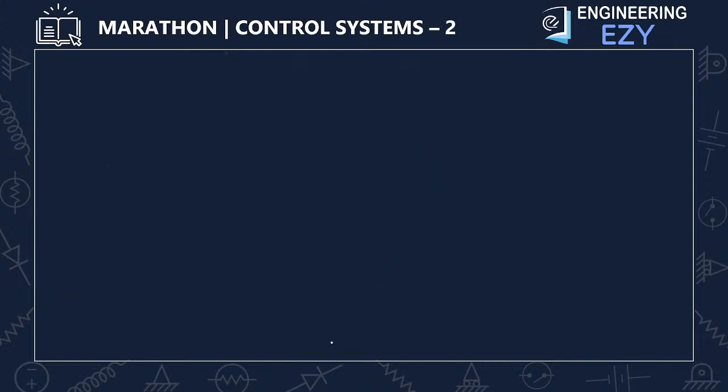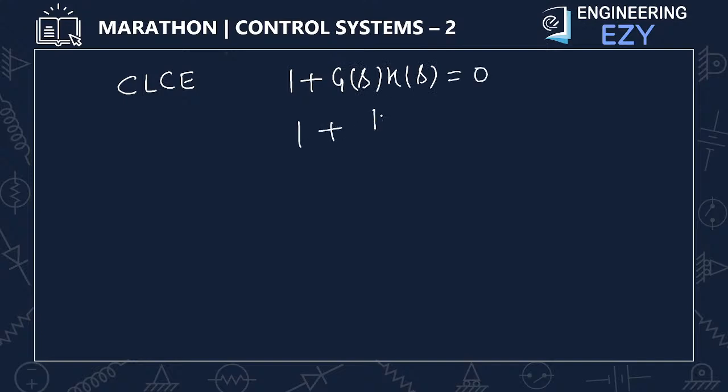Now, the closed loop transfer function gives us the characteristic equation. Using the closed loop characteristic equation, you can see how many closed loop poles lie in the right half of the S plane. So 1 plus G(s)H(s) is equal to 0. So 1 plus K upon s minus 2 is equal to 0.